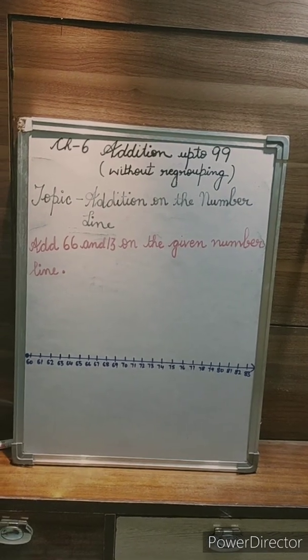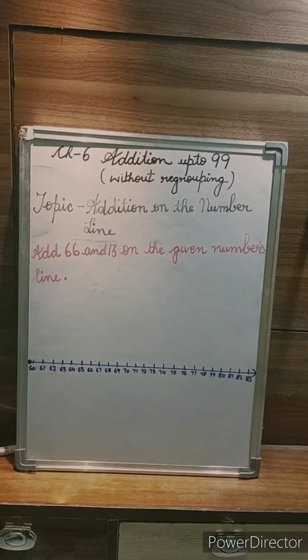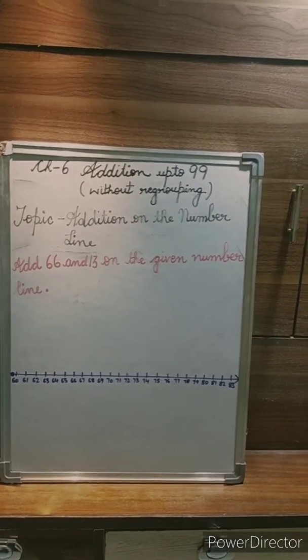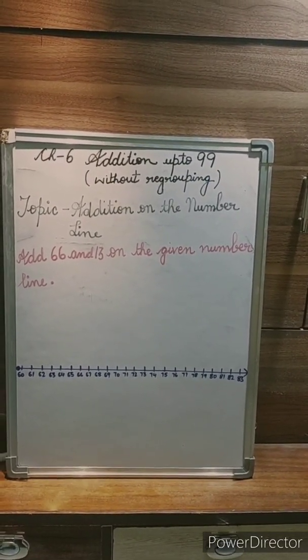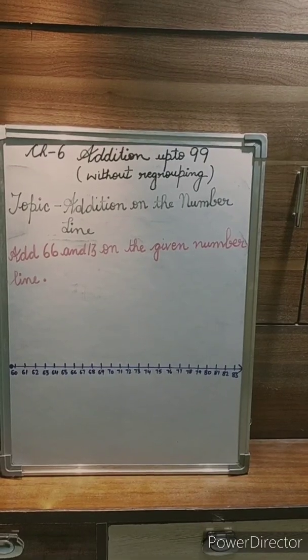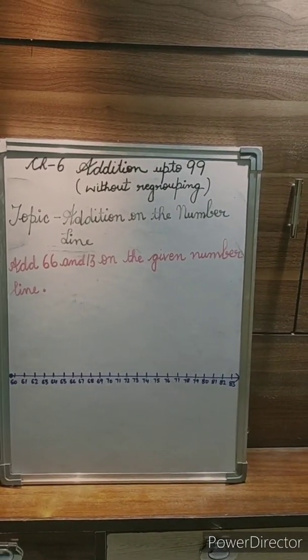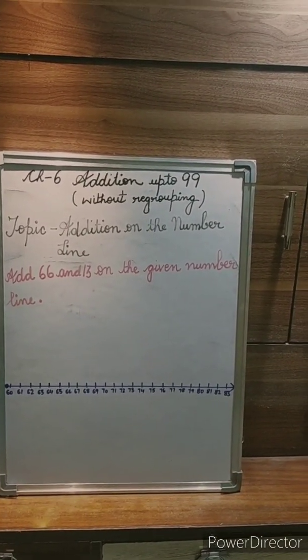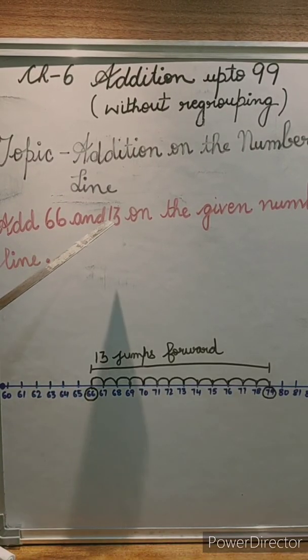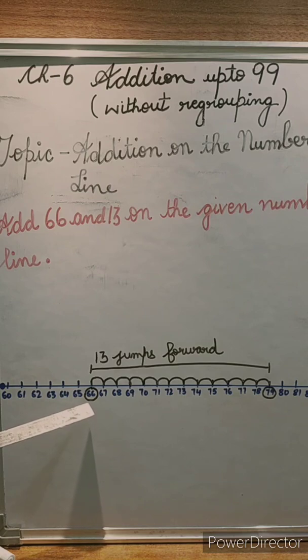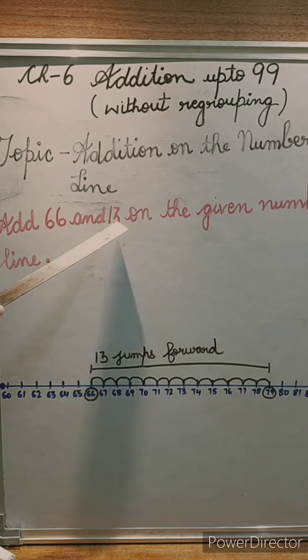So children, here we go with our book example, that is add 66 and 13 on the given number line. We have to start from number 66, and we have to take how many jumps forward?